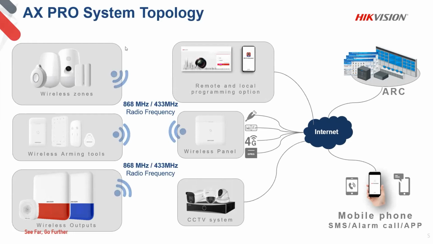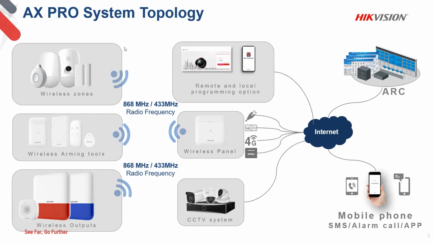There are also sensors and detectors that you can connect wirelessly to the main wireless panel. There are wireless arming tools to activate and deactivate our alarm systems, and wireless outputs that give audible alarms like sirens.